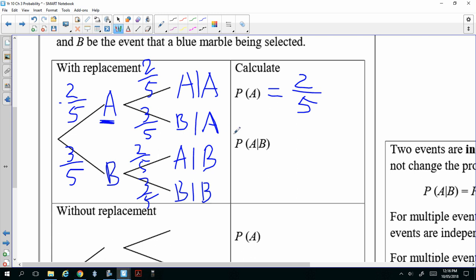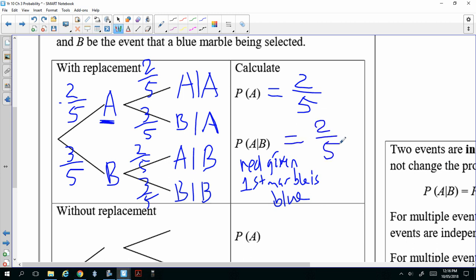So for the probability of getting a red marble, it's just 2 out of 5. But for the probability of A, getting a red one given the first marble is blue, it is still 2 out of 5.